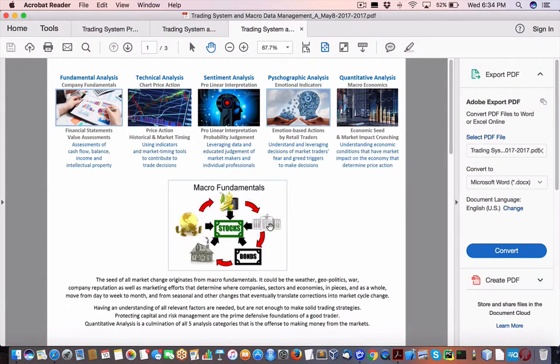Okay, so what he's done is he looks like he's building out his own system and maybe service for commercial purposes. He's broken down the different types of analysis: fundamental, technical, sentiment, psychographic, quantitative. Fundamental obviously is the big one for me, which enables you to understand the processes that will drive pricing in the markets.